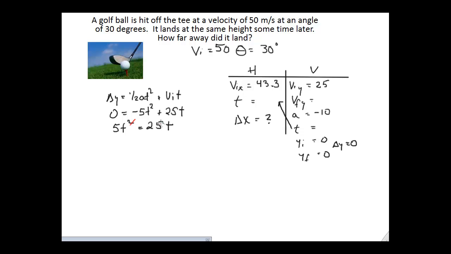So one of the t's divides out, and now I have 5t is 25, so t is 5 seconds.